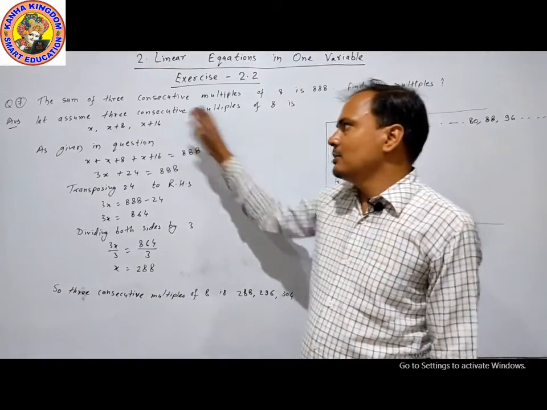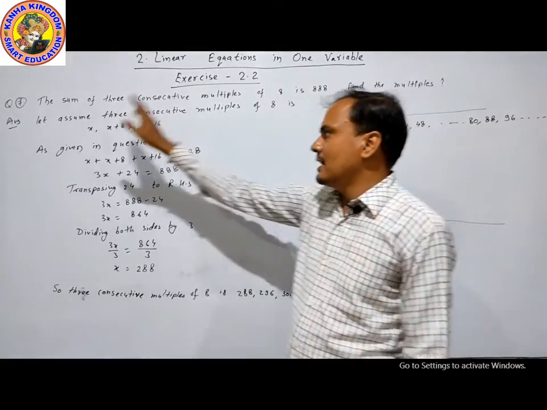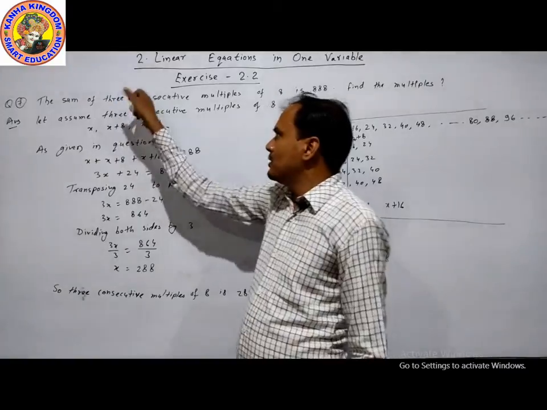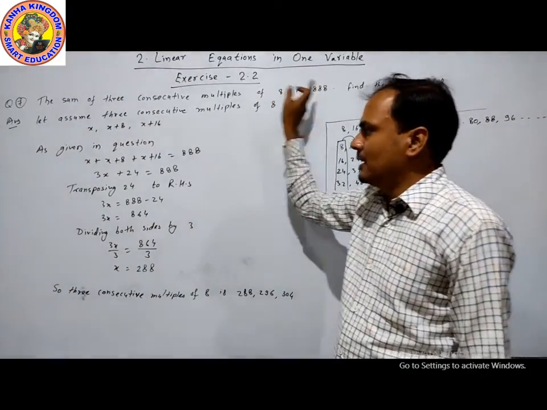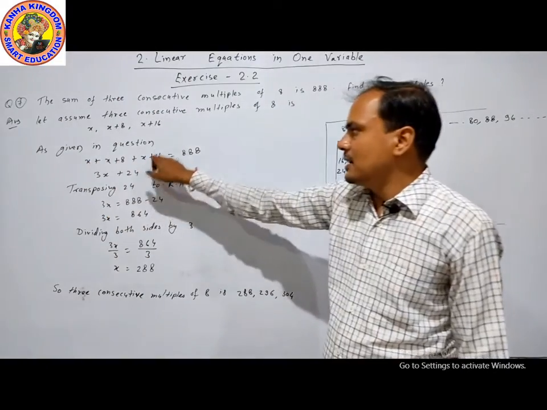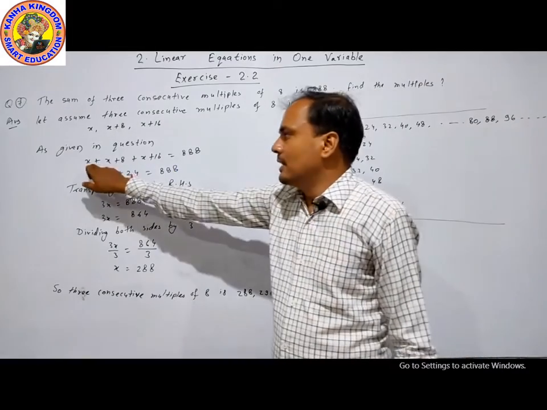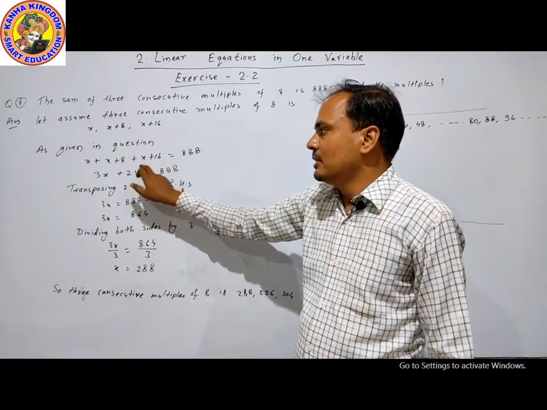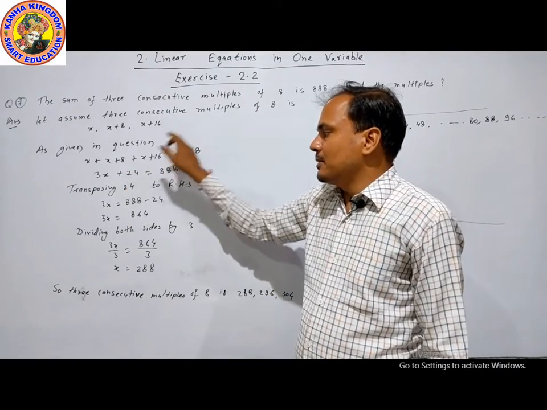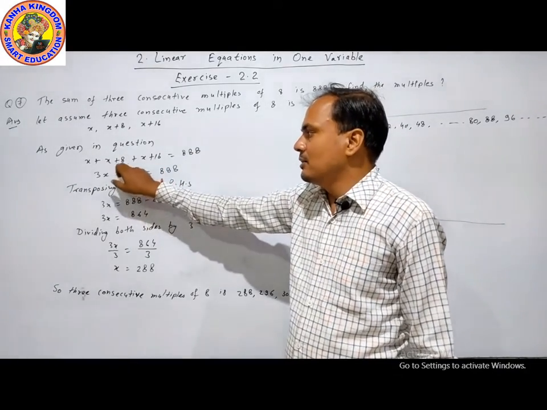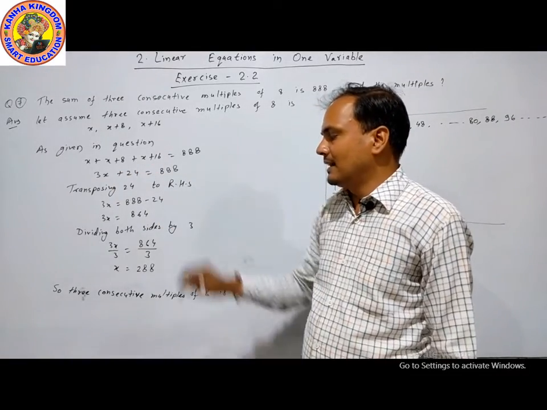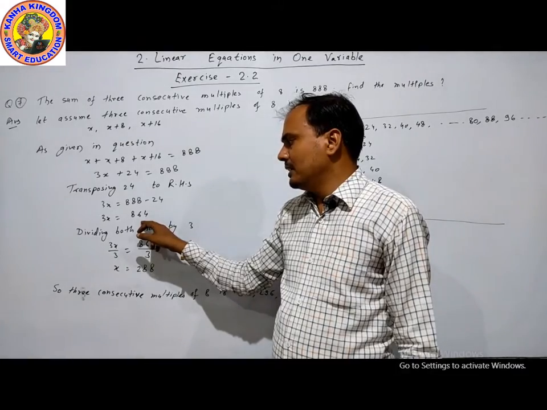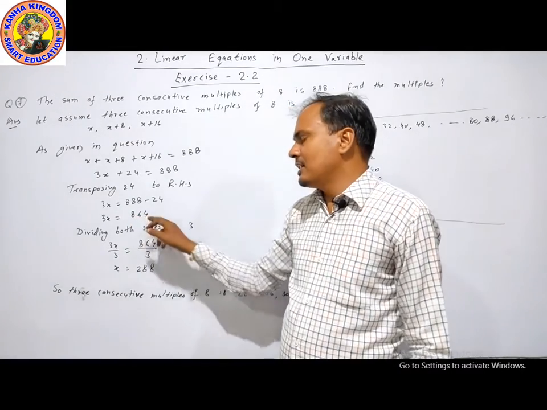Let us assume three consecutive multiples of 8 are x, x plus 8, x plus 16. As given in the question, the sum of these numbers is 888. 3 times x, plus 8, 16, 24. Transposing 24 to the right hand side, the sign of plus will be changed into minus. When we subtract 24, the answer is 864.